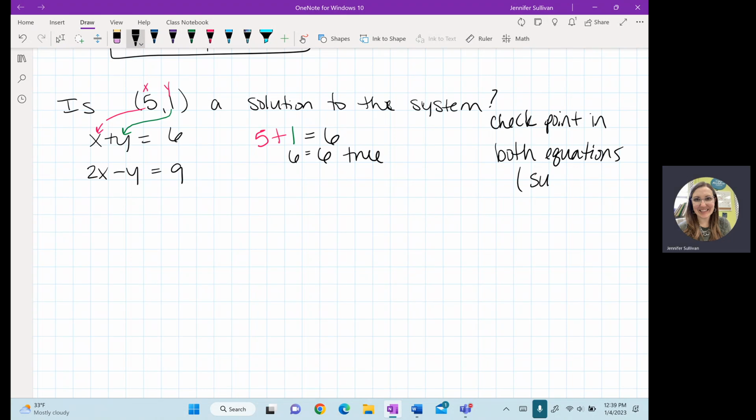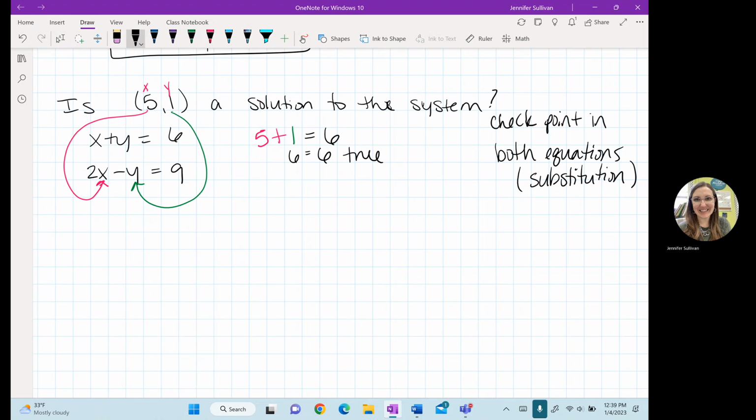And I'm going to write substitution. That's what we're actually doing. So now we're going to take this 5 and we're going to plug it in for this x. I'm going to take the 1 and plug it in for that y. So I'm saying is 2 times 5 minus my y of 1, is that equal to 9?